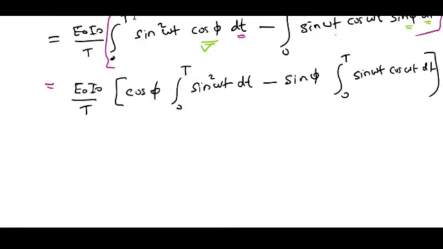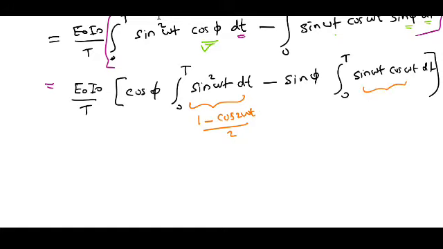Here, to do the integration, sine square omega t can be written as (1 minus cos 2 omega t) by 2. That is, sine square theta is equal to (1 minus cos 2 theta) by 2.